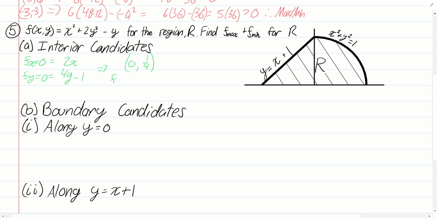And then f of 0, 1/4 is 0 squared plus 2 over 16 minus 1/4. So it equals 1/8 minus 1/4, which equals negative 1/8.